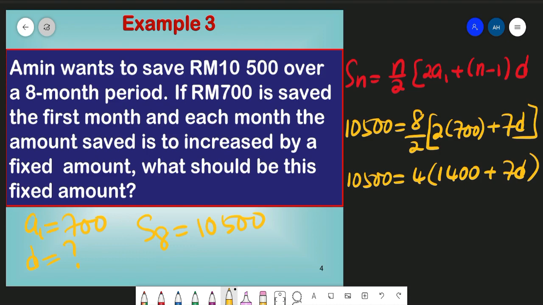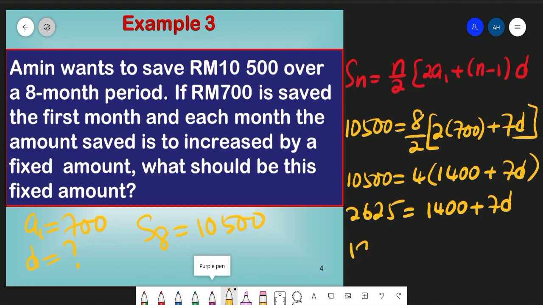Now 10,500 divided by 4 is 2625. So we have 2625 equal to 1,400 plus 7d. To find d, we have to subtract 1,400 from 2625. So we have 1225 equal to 7d.